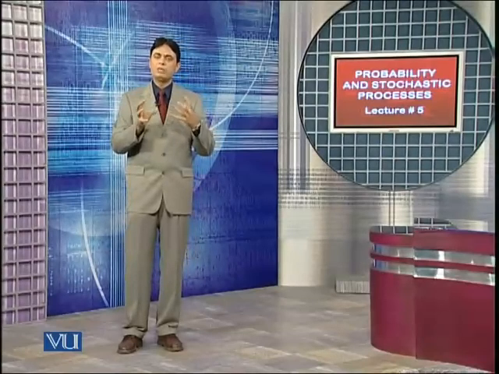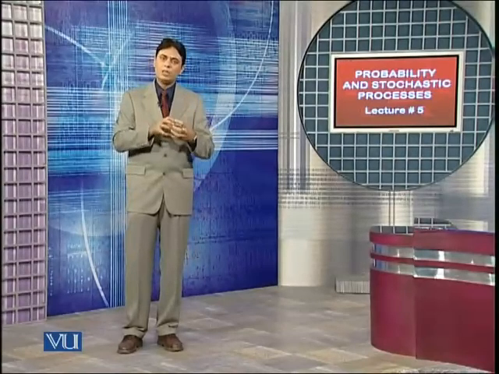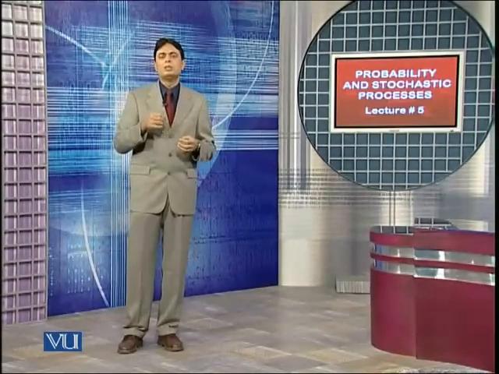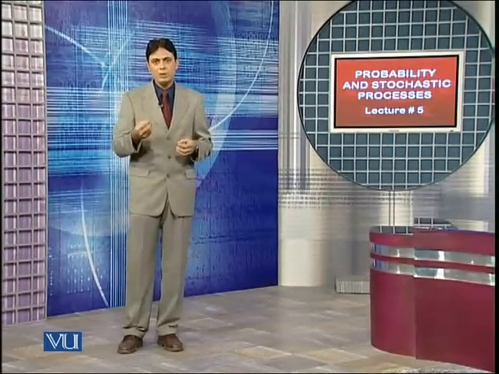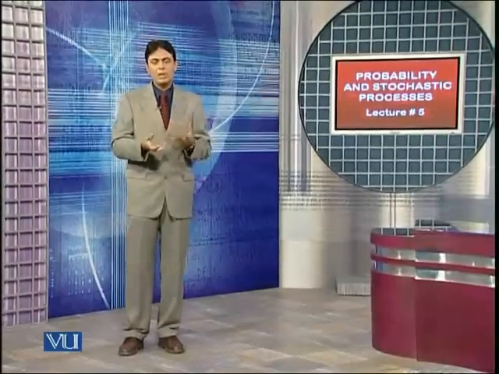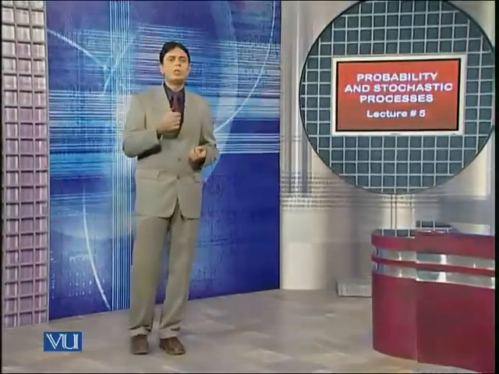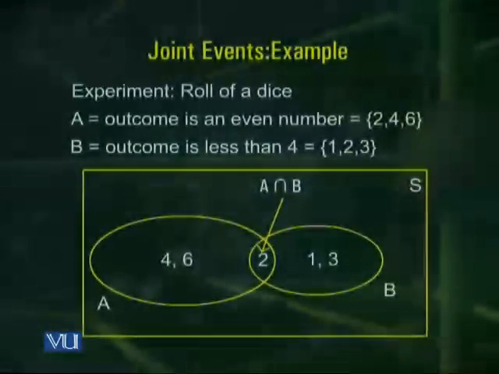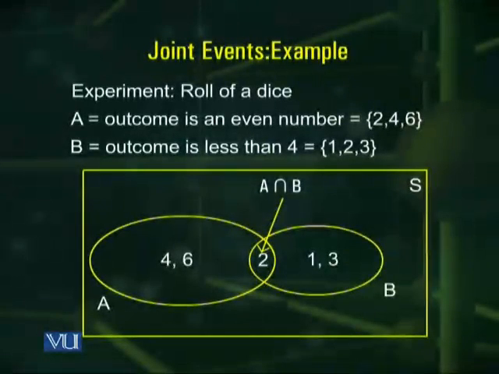So this new event, where the two given events A and B occur jointly, is the basis of joint probability. The probability of that event where both of them have occurred is called a joint probability. And if you draw a Venn diagram, you can see that this event is represented by the intersection of the two events.